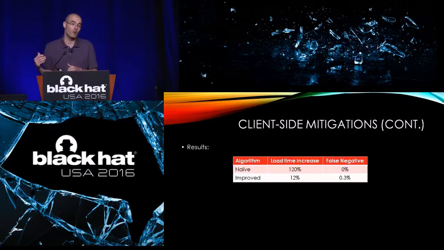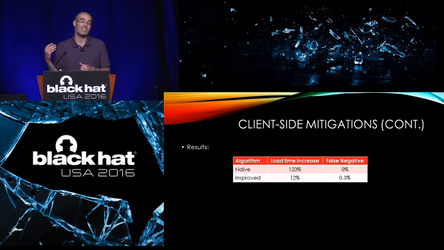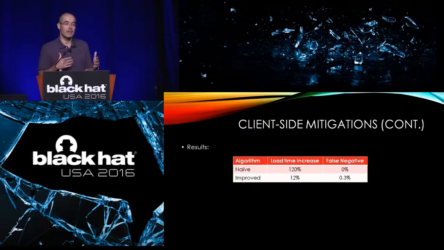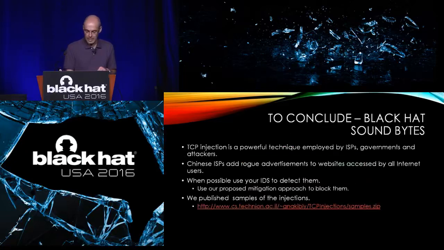However, the improved approach, which delays only the packets with the abnormal TTL or IP ID value, had a much more moderate increase, but it is at the expense of some missed injections. Again, injections where the IP ID or TTL value were not that different from the legitimate values of the other packets in the TCP session.